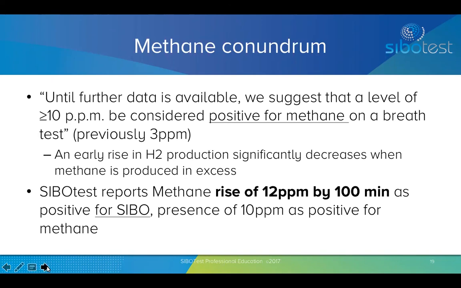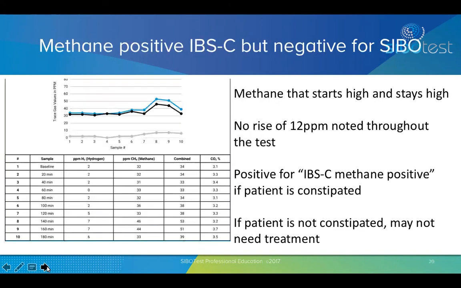So in this case, if we go back to this case right here, where we have no rising at all, just a very small rise, it's all reported as negative.